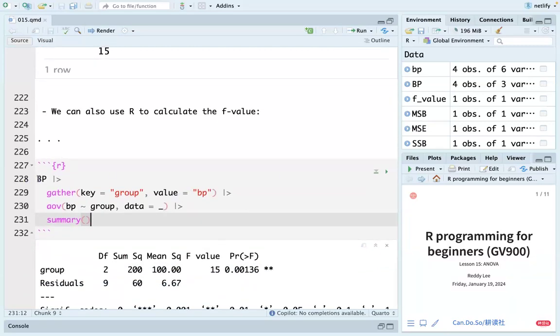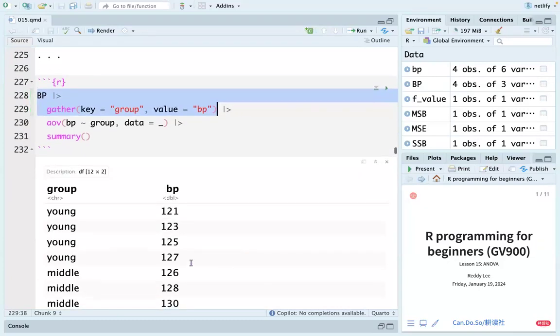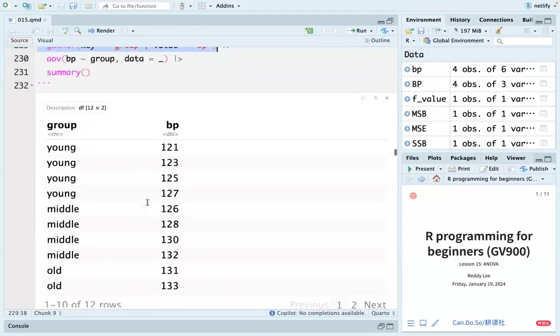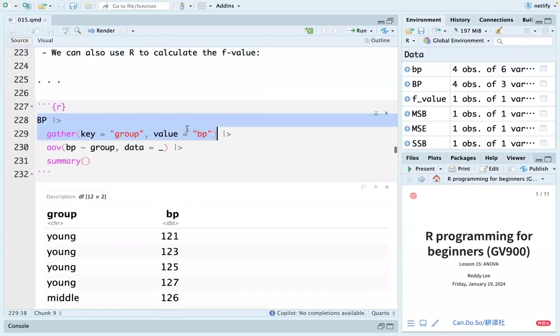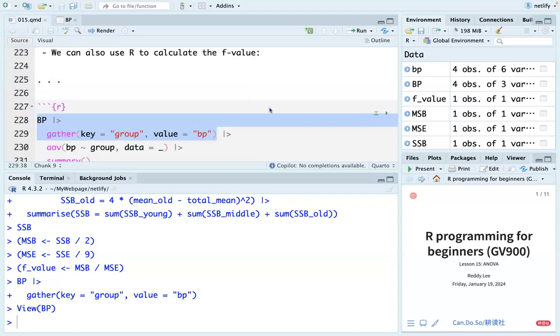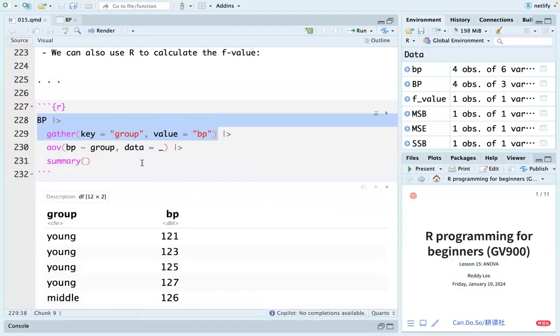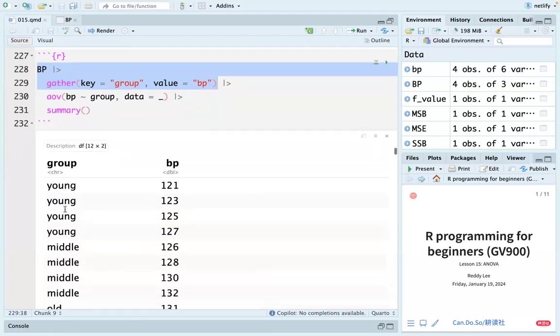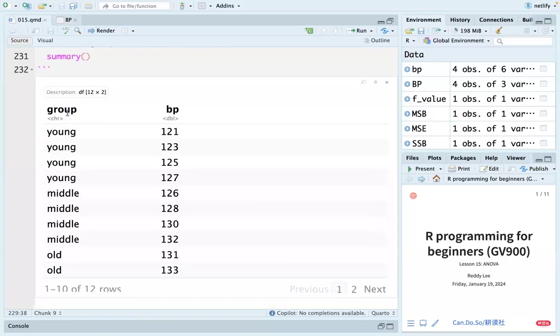So we use the original value gathered to the non-value, because this way the white value is not our typical type. So we want this type, and one column is group, and the other column is blood pressure.